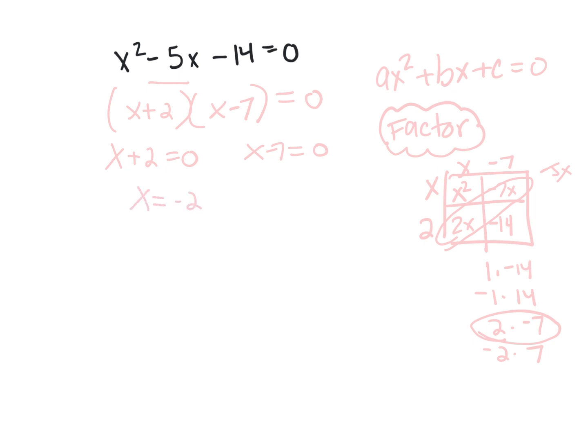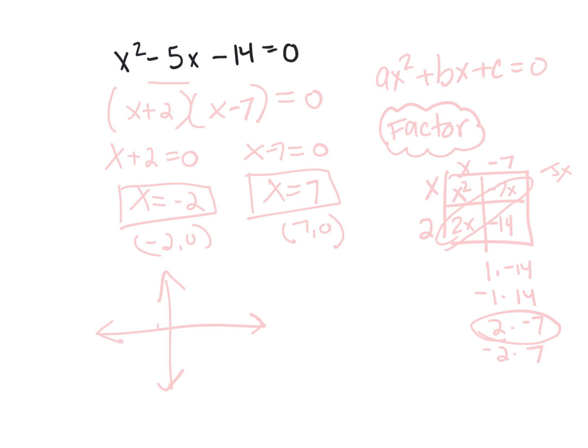So we're going to have x equals negative 2 and x is equal to 7. And so what that would mean is that we would have an intercept at negative 2, 0 and at 7, 0.